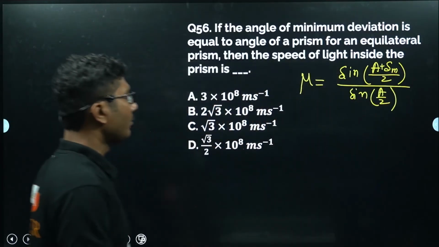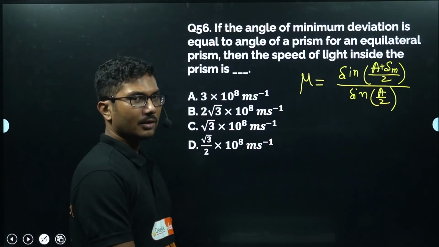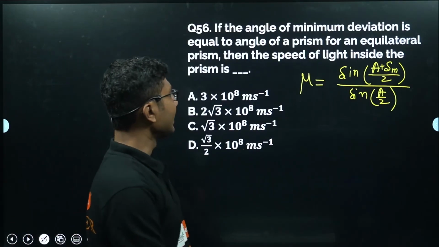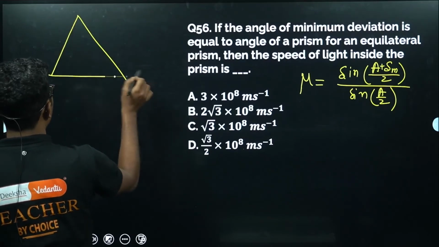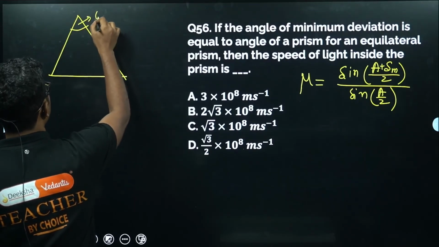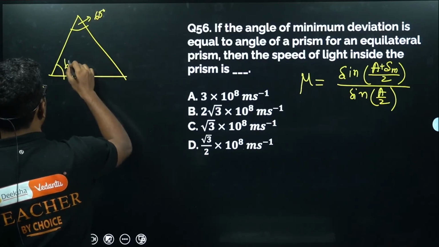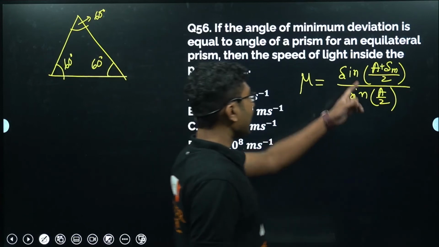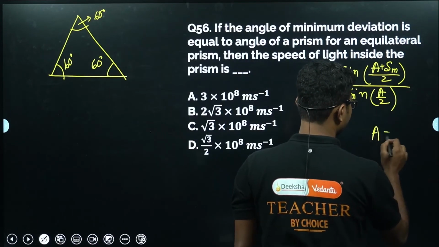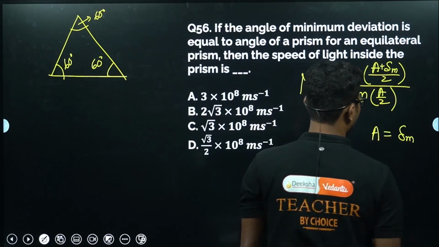This is the formula that we have learned for angle of deviation. Now here it is said that the prism is an equilateral prism. Equilateral prism means all the angles are 60 degrees, right. Also it is mentioned that A is actually equal to Dm, right.